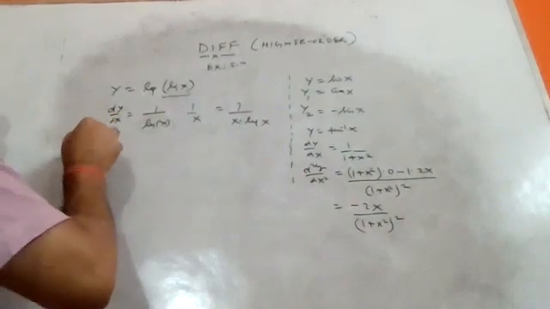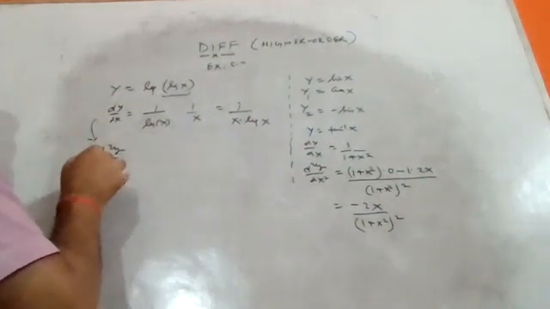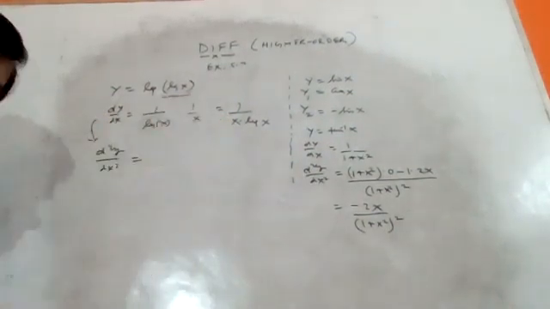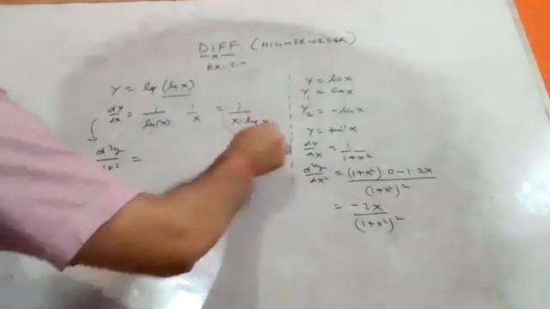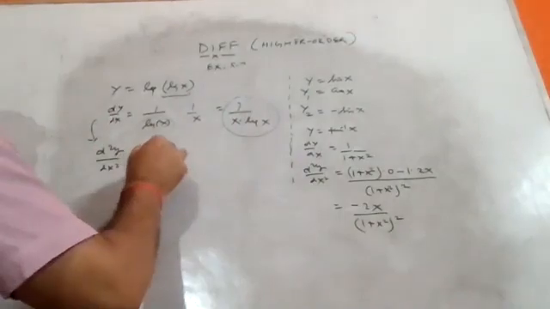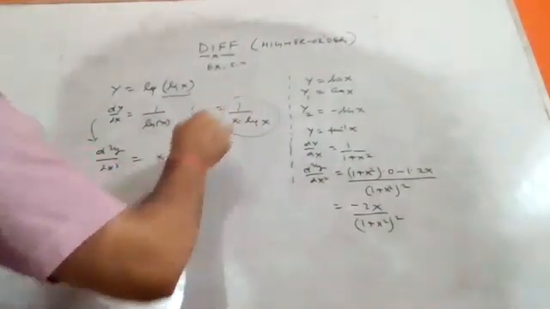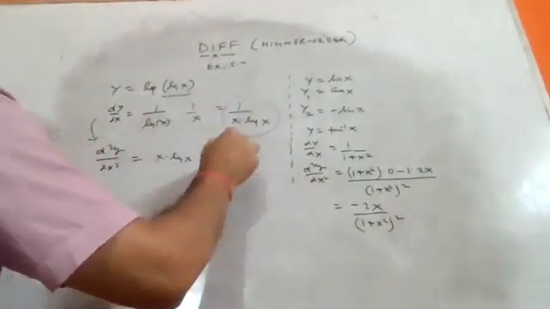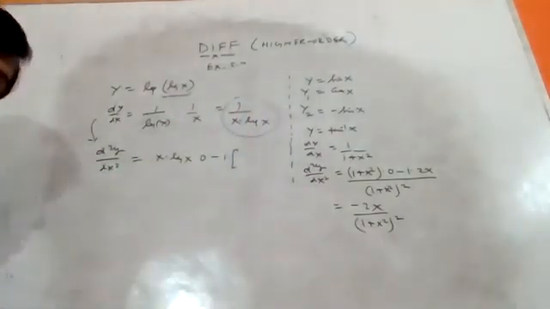Suppose we find d2y upon dx square, the second order derivative. Here there is a fraction, so use the law of division. x log x, differentiation of 1 is 0, minus 1 times differentiation of x log x.